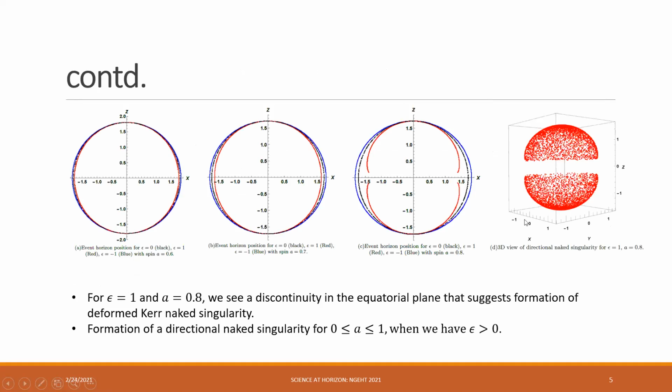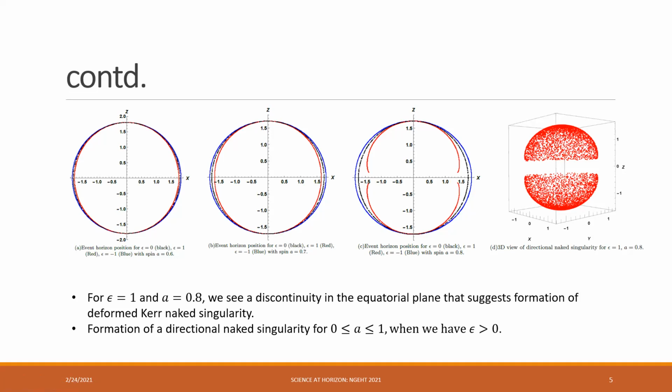These plots over here are of the event horizon for different deformation parameters and spin parameters. If you see this particular third plot, you will see a variant of the deformed Kerr spacetime. When epsilon is -1 and the spin parameter is 0.8, we see a discontinuity in the event horizon in the equatorial plane, which exposes the central singularity to the environment and suggests the formation of a deformed Kerr naked singularity.